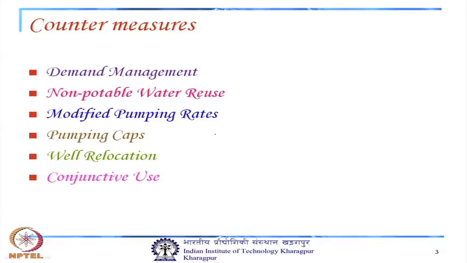Conjunctive use is that we can use different combinations of surface water and groundwater, so that people can use a percentage of groundwater from their coastal aquifers and a percentage from surface water sources or nearby rivers.